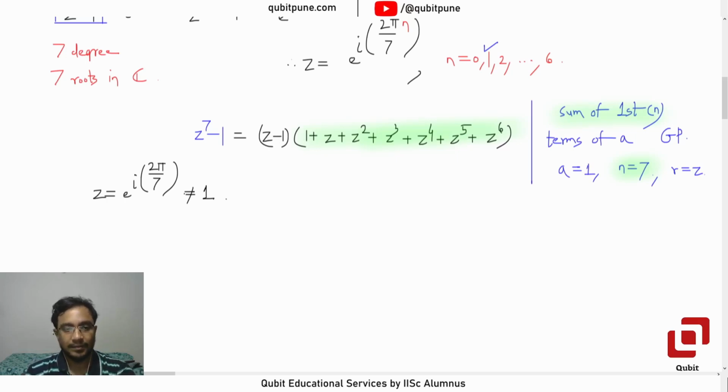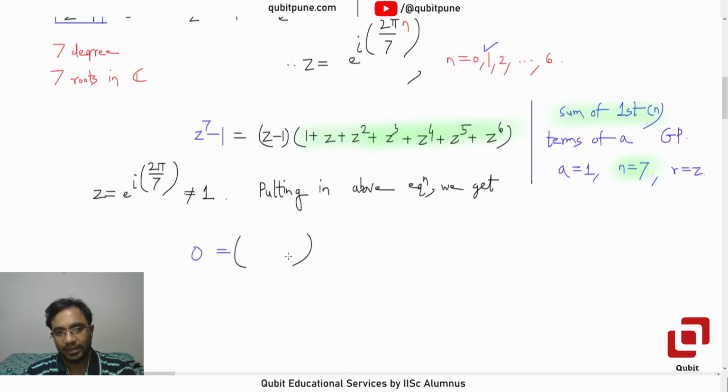So substituting in the above equation, on the LHS we are going to get 0 because it is actually the 7th root. Now z − 1 is a non-zero complex number, because it is not equal to 0, multiplied by 1 plus whatever we will get, and it's equal to 0.